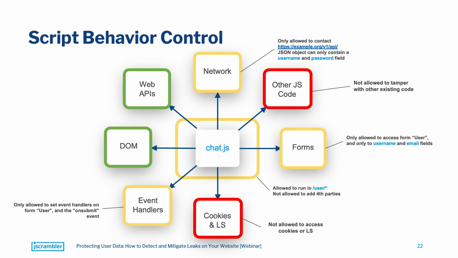And I'm also allowing the script to call any web API. And finally, on the network dimension, I'm being very careful and only allowing the script to contact a specific endpoint. And even then, the JSON object can only contain two fields, which are the username and password.